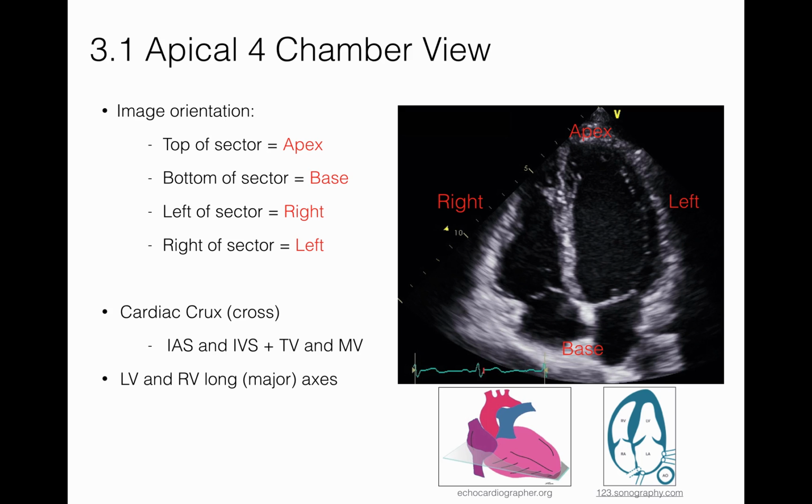A well-oriented apical 4-chamber view will display the cardiac crux or cross near the midline of the sector. This structure is formed vertically by the primum interatrial septum and the membranous interventricular septum, and horizontally by the septal leaflet of the tricuspid valve and the anterior leaflet of the mitral valve.